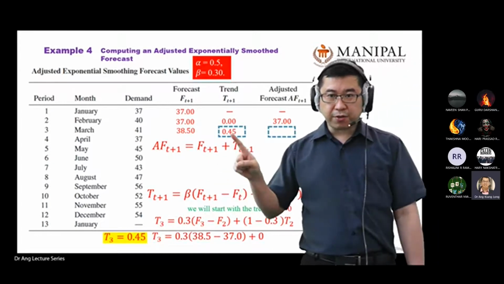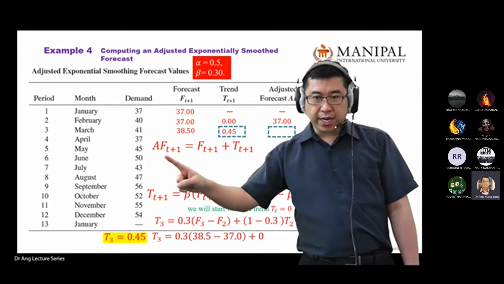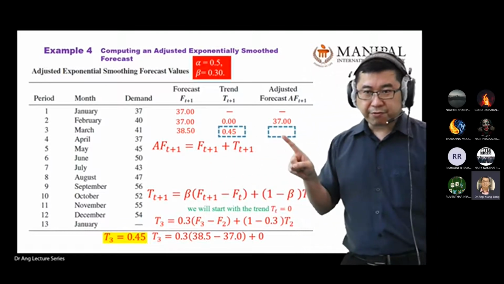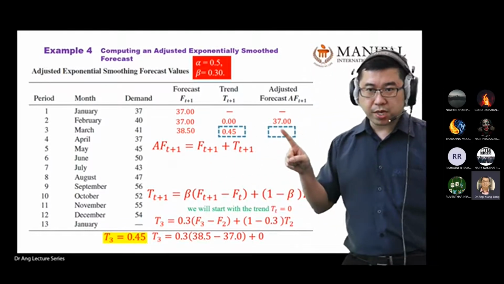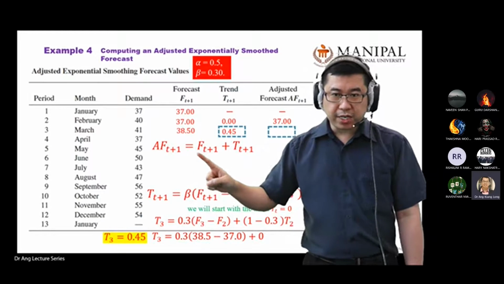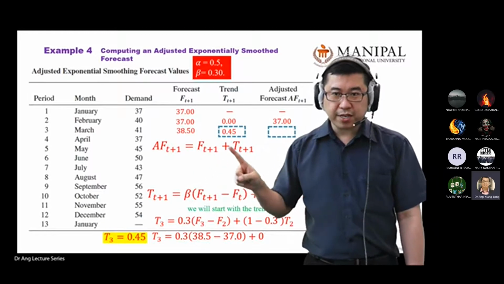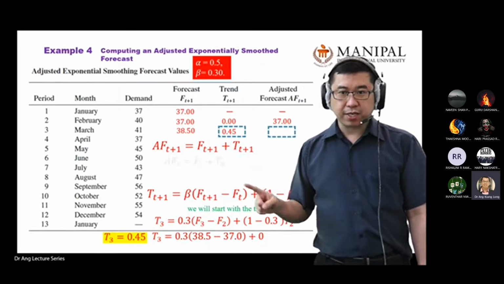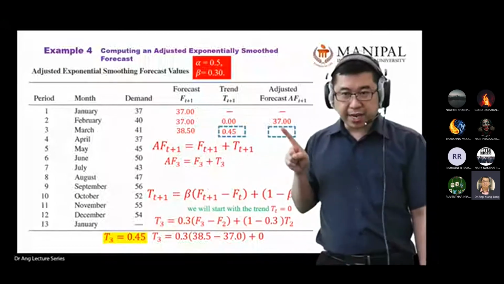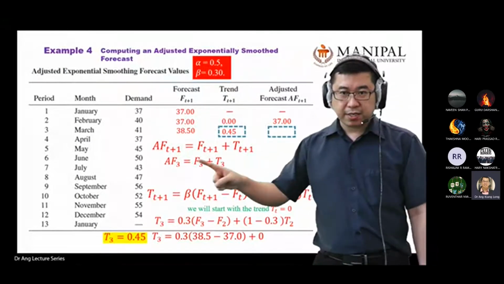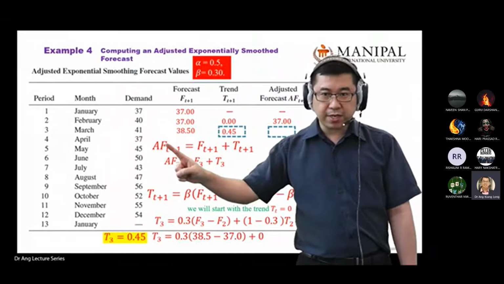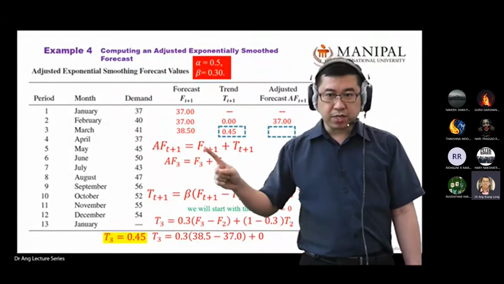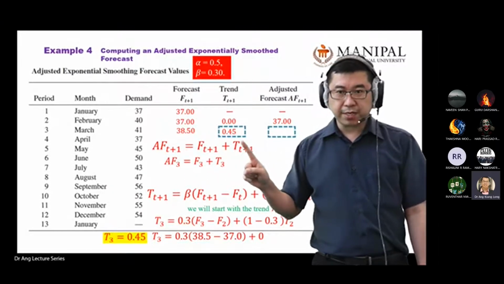Then once you have your T3, so AF3, this is AF3, 1, 2, 3. So AF3 equal to F3 plus T3. So what is your value for this one? T plus 1 is 3. So F3 plus T3.